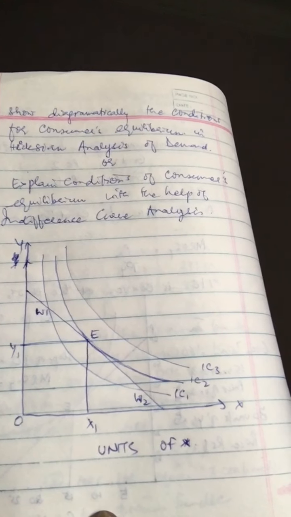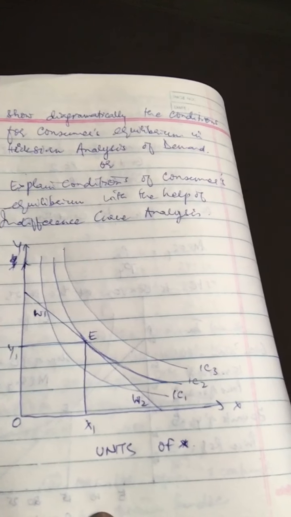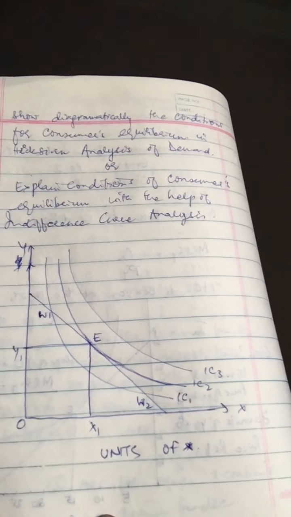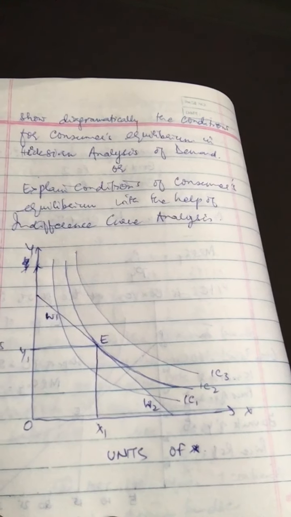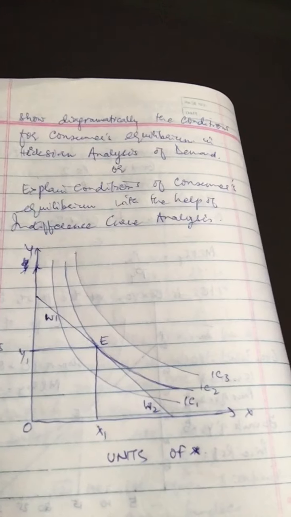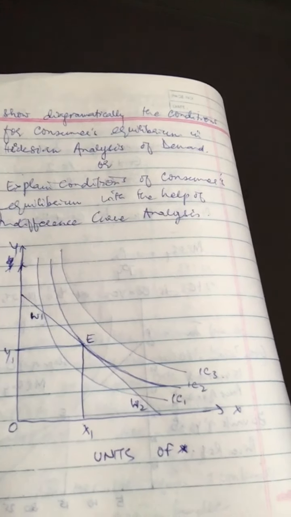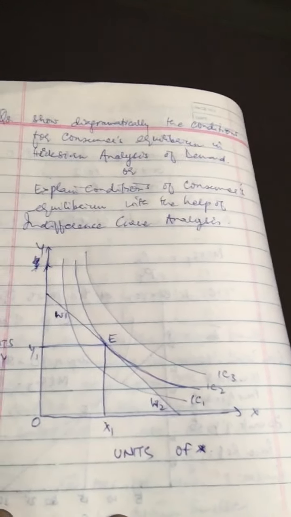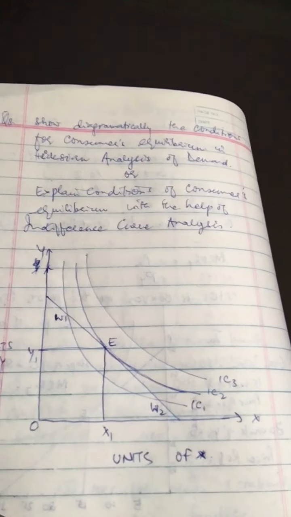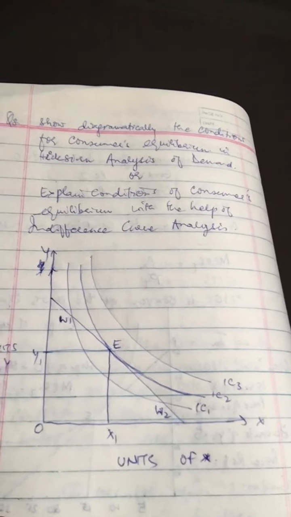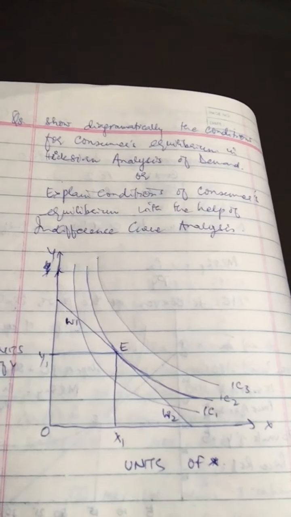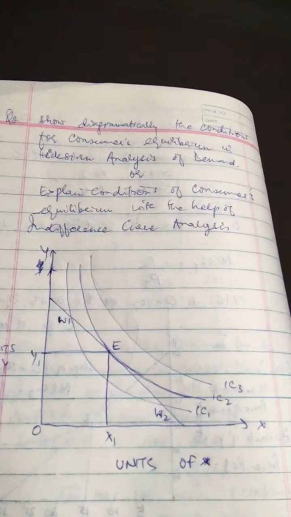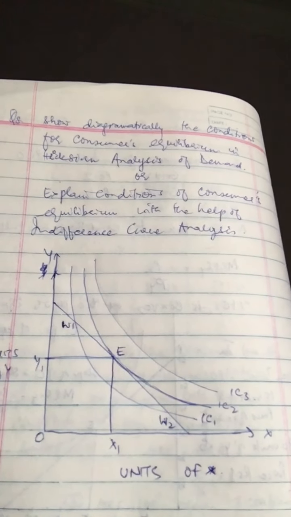As a result, the consumer buys more of X. This leads to a fall in MRS, and MRS continues to fall till it becomes equal to the ratio of prices and the equilibrium is established. So that is above E, and it will be the reverse if it goes beyond E. That means the MRS is going to fall if you consider any point after that.